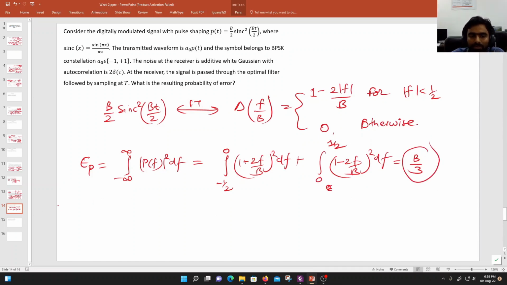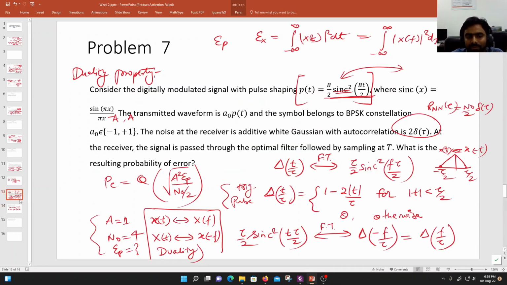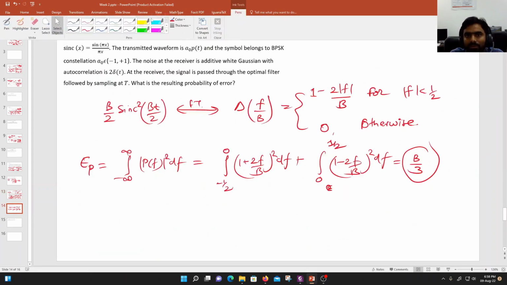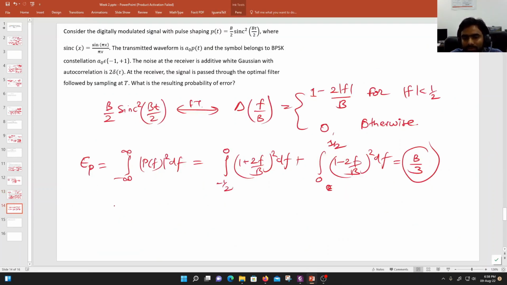So now we got all the things we required for probability of error. So we have got PT as E by 3, A as 1, and N naught as 4. N naught was 4, no? Yes, N naught was 4.